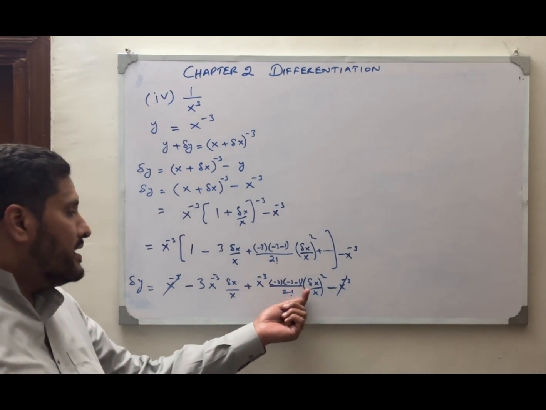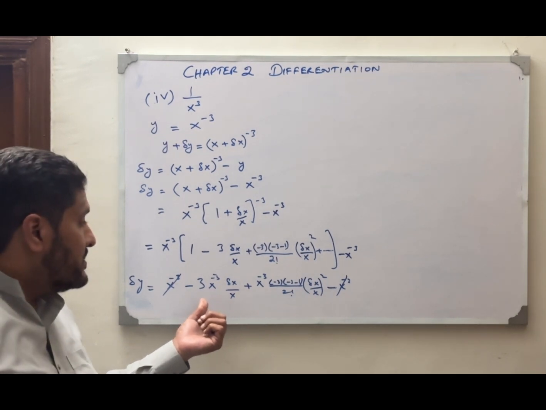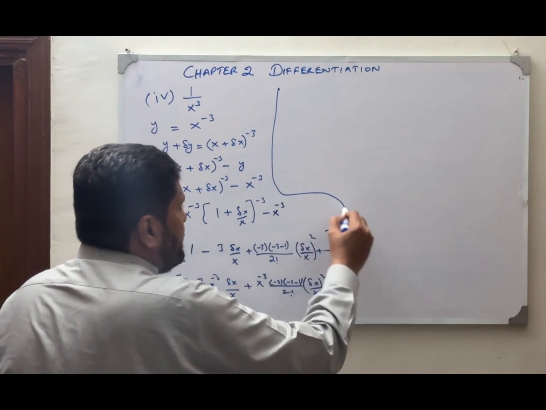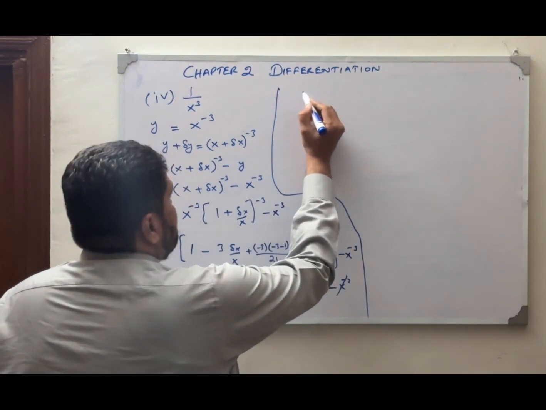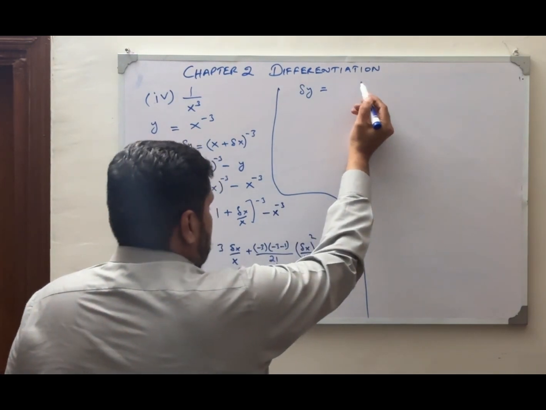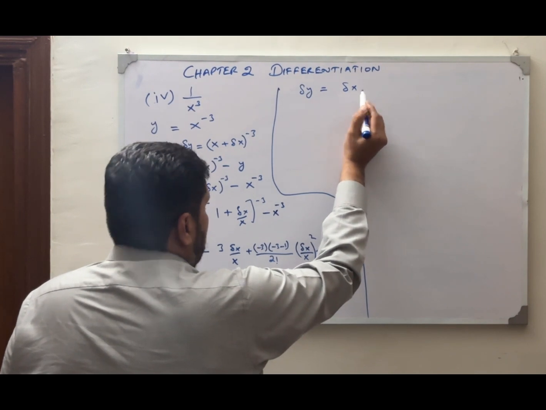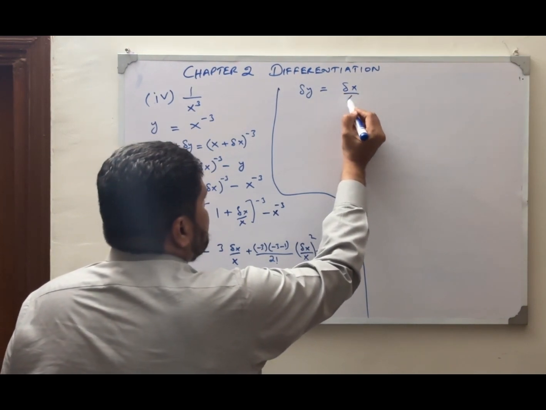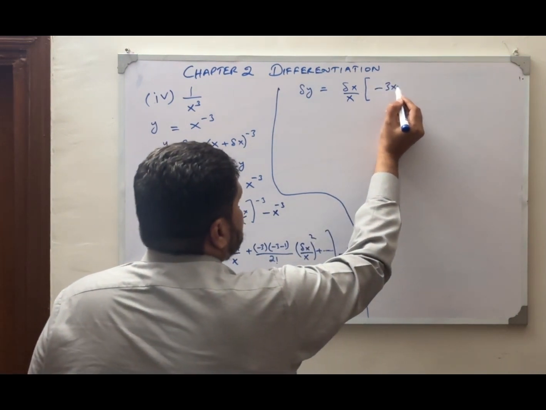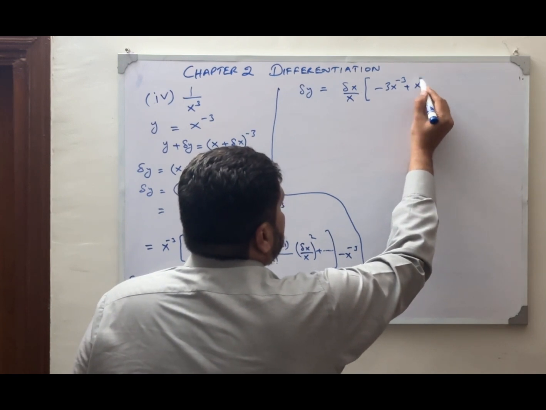We can take delta x common in both of these two terms. By taking delta x common, our delta y is equivalent to delta x divided by x into minus 3x power minus 3 plus x power minus 3.